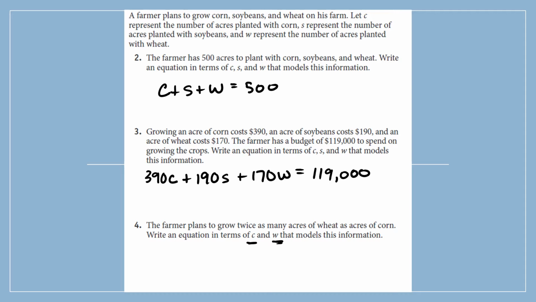You need an equation with C and W in it that says twice as many acres of wheat as corn. So there's more wheat than corn, right? So the wheat would equal twice the corn. 2 times the corn is what the wheat would be. Does that make sense? Make sure.